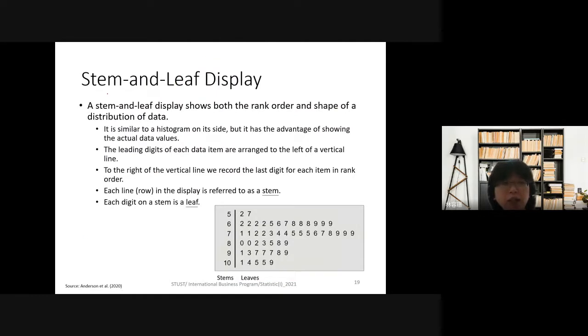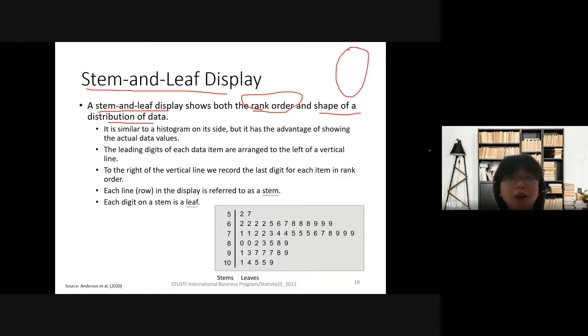And the next is the stem and leaf display. We call it 茎叶图 in Mandarin. The stem and leaf display shows the rank order and shape of the distribution of the data. Why do we say it's a stem and leaf? You can imagine a leaf you get from a tree.